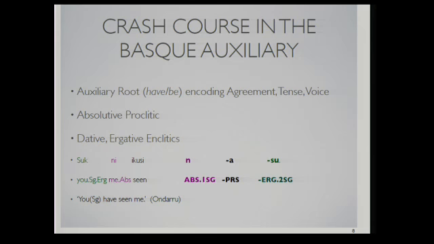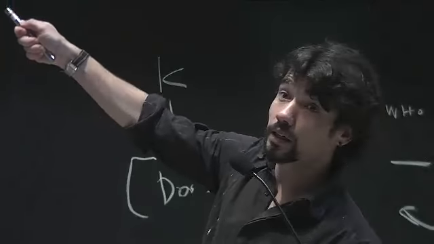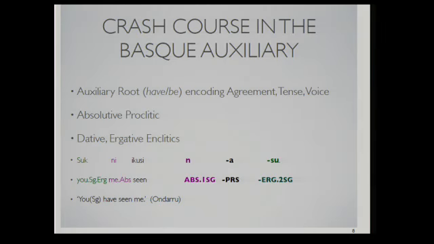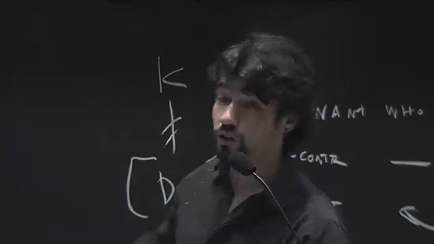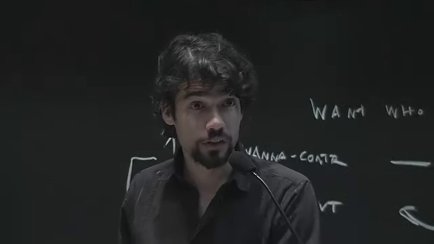So "suk" is doubled by "su," a clitic. "Ni" is doubled by a clitic. And the ordering of those clitics is always, or 99% of the time, and of course the mismatches are what's interesting, that the absolutive argument is doubled by an absolutive clitic in proclitic position to the left of the auxiliary, and ergatives and datives are enclitics to the right of the auxiliary.